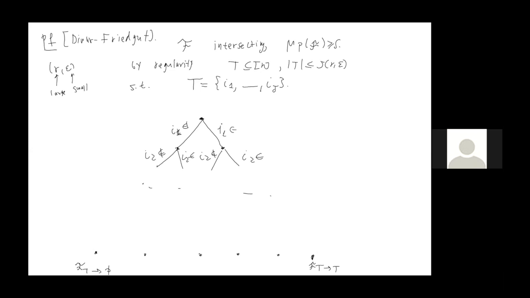So here is what our junta is going to be. The variables of the junta are going to be this T. And then the actual junta will be, we look at all of the leaves, and we're going to clean it up.